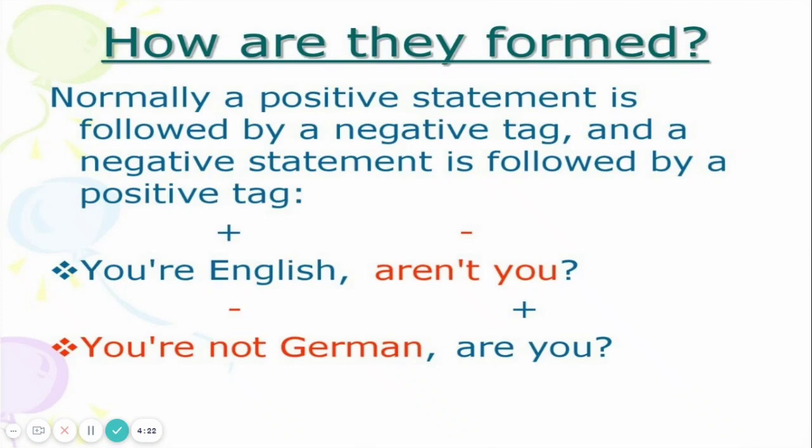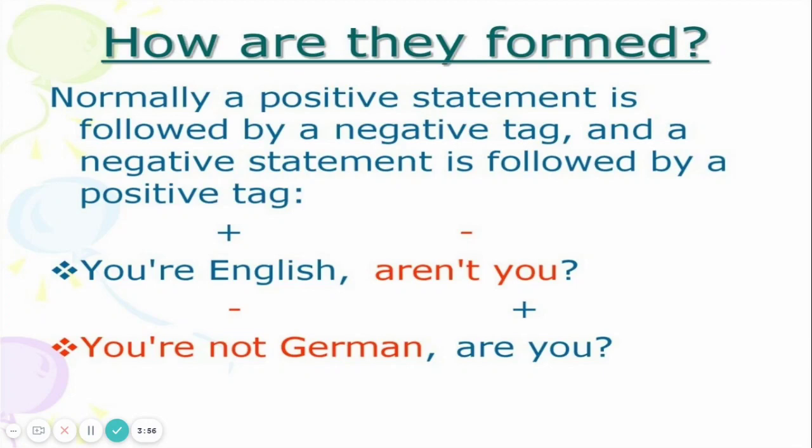For example, the first point: "You are English, aren't you?" You are English is a positive statement, and the question tag "aren't you?" is negative. In the first, you can see a positive statement is followed by a negative tag.